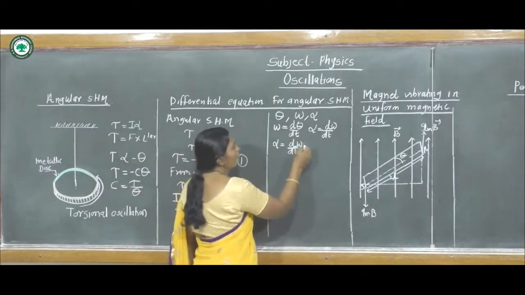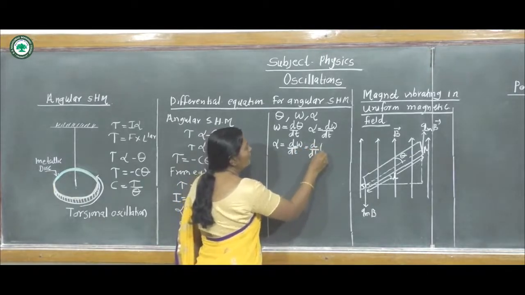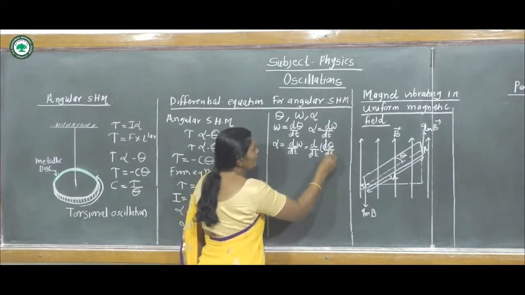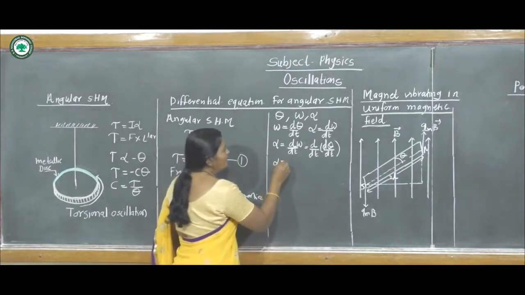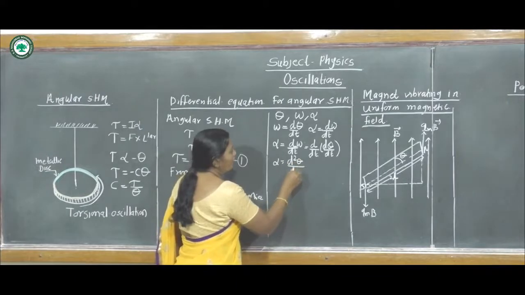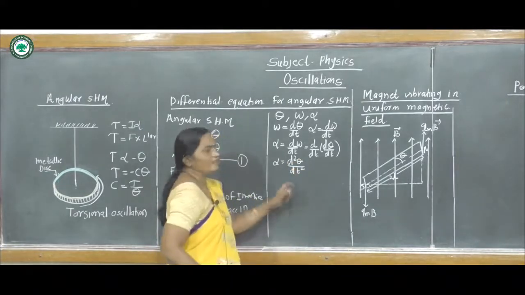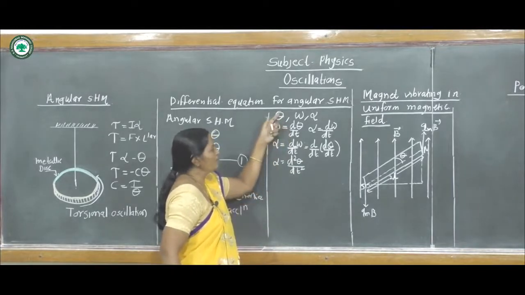Substitute the value of omega here: d by dt of omega, that is d theta by dt. It can be written as alpha is equal to d2 theta by dt square, the second derivative of angular displacement.